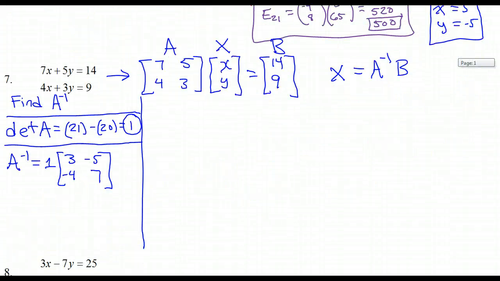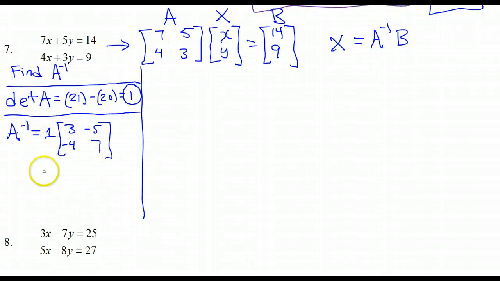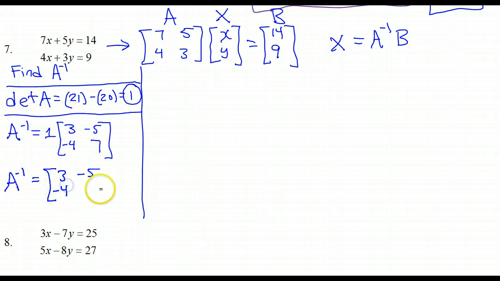But this time it's just a 1, so that's not going to make ugly fractions. So in fact, multiplying by 1 does not change anything. So the A inverse is just going to be the 3, the -5, the -4, and the 7. That is our A inverse. So now we can go ahead and do our A inverse times B.